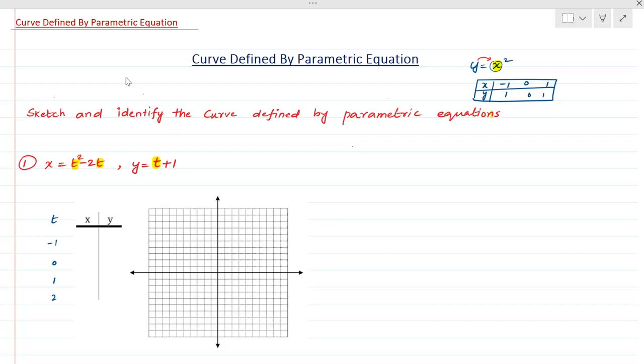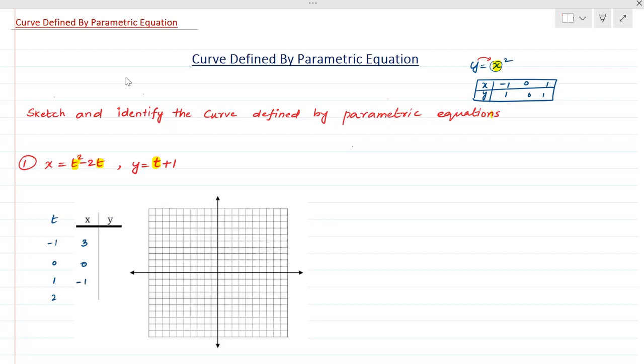So what is the value here? When I substitute t equal -1, it is 1 plus 2, which equals 3. Now the next one, 0. When I substitute 0 in these two cases, the total value will be 0. When I substitute t equal 1 in the x equation, you will get 1 minus 2, which is equal to -1.